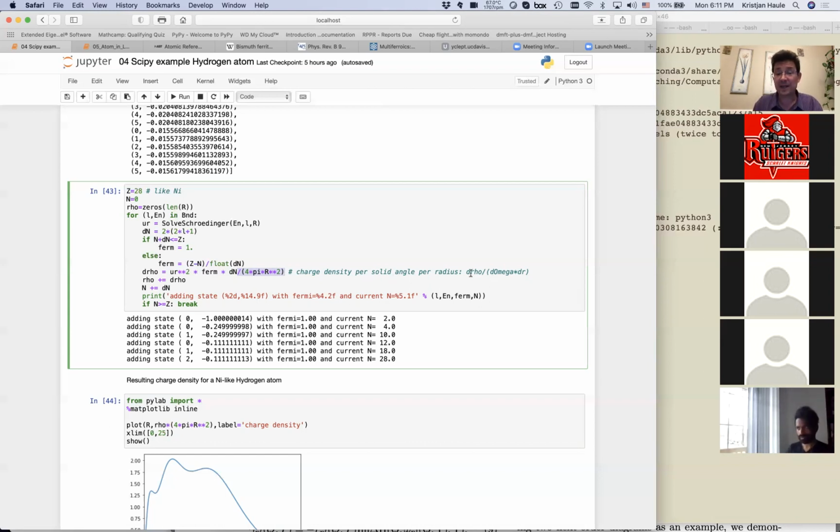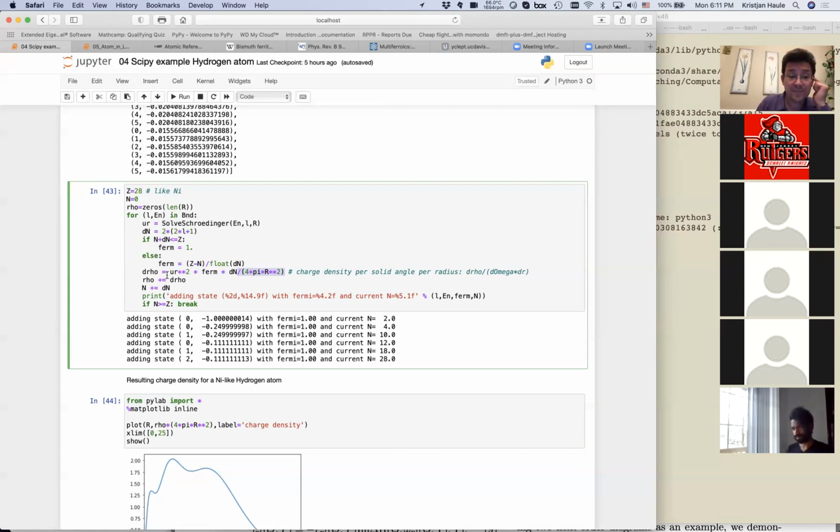In both cases, what enters is basically d rho over d omega dr, which is d rho, which is the charge density per point. So you can think of it as d to the 3 rho over dx dy dz. So what's the charge density per point in 3D space?